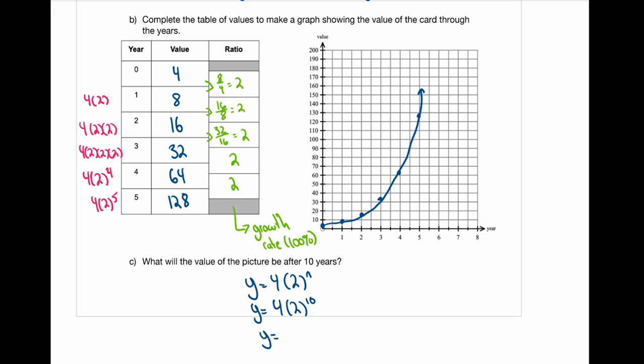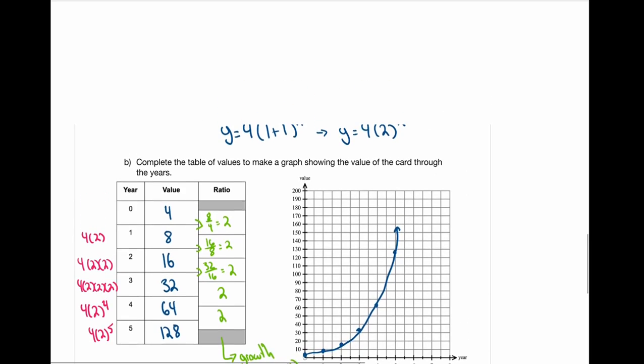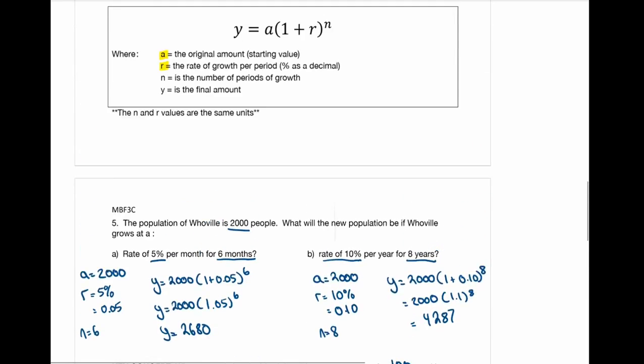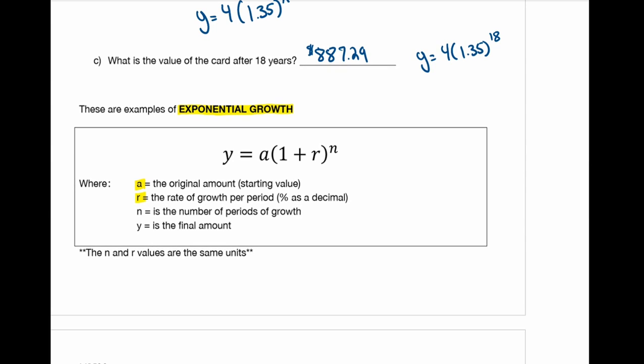And when we simplify this, we get y is equal to $4,096. So after 10 years, it is $4,096.